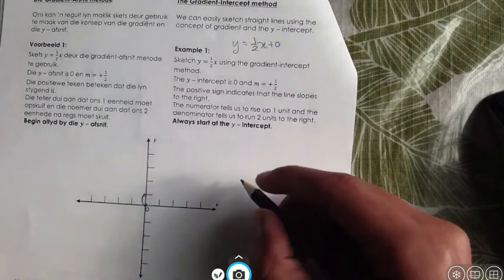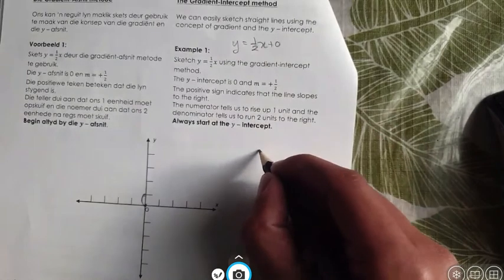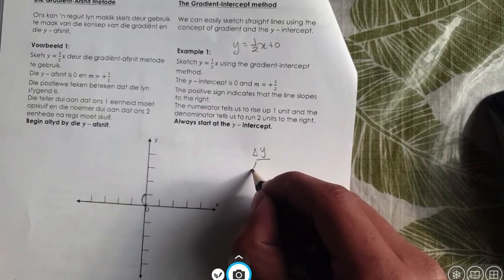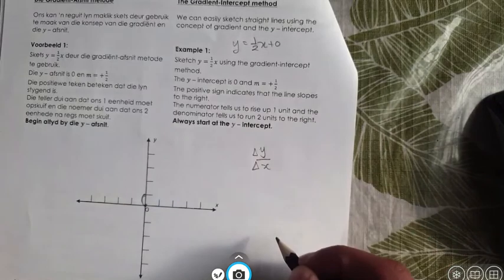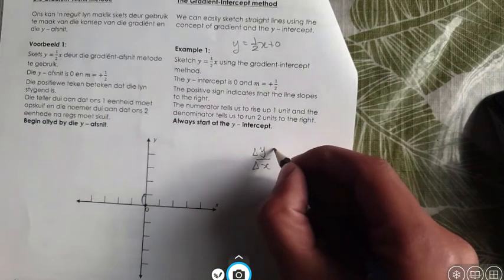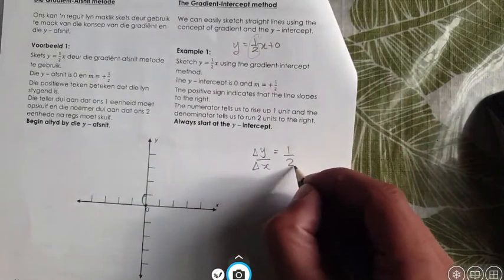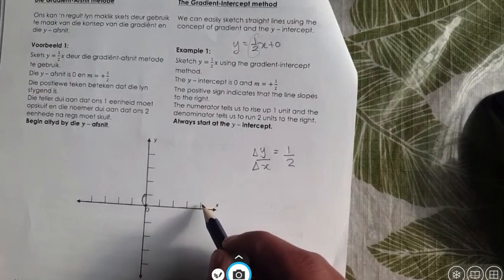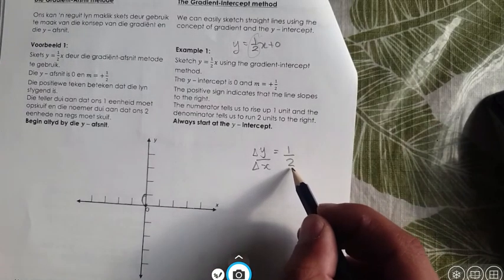Just check there. What is the gradient? It is the difference in y over the difference in x. So for every one that it goes up, it needs to go how many sides left or right? What is the gradient here? 1 over 2. Okay. If it goes up once, how many times does it need to go left or right?